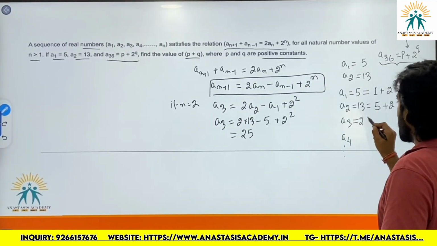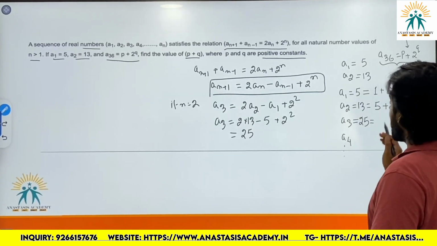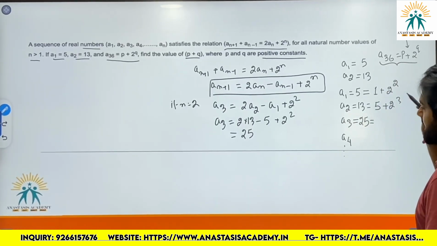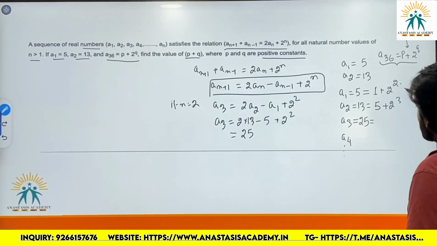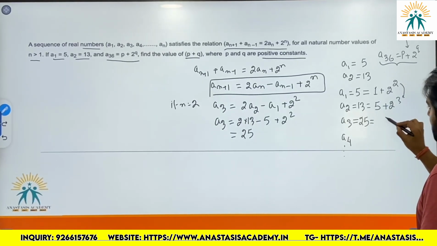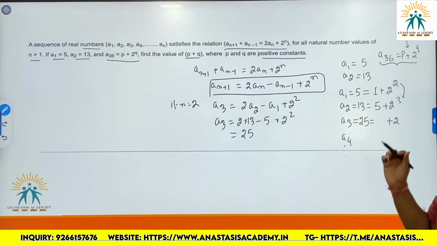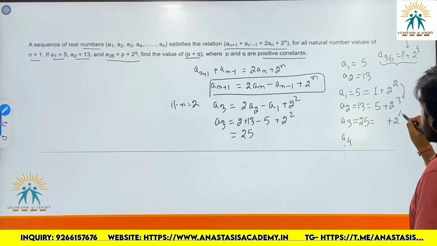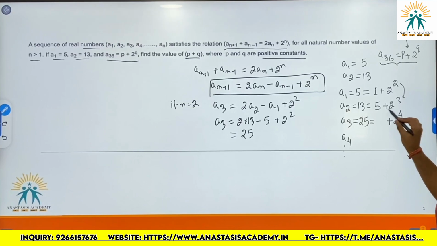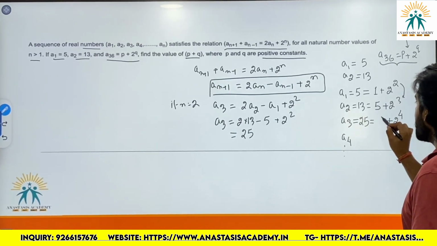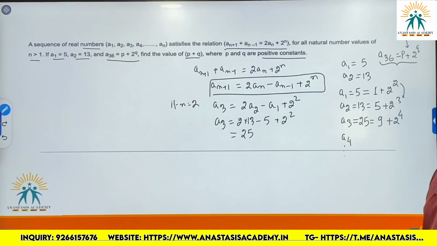Let's write 25 in this format. I can see the pattern that the power of 2 is increasing by 1. Indeed, I can write a3, that is 25, as 2^4, which is 16, plus 9.